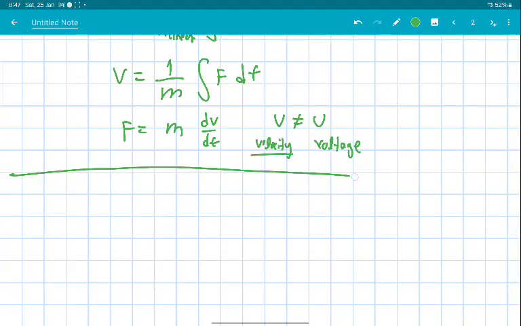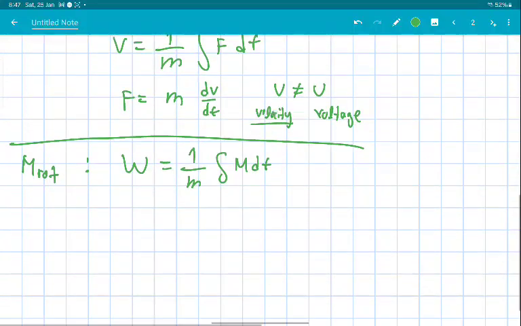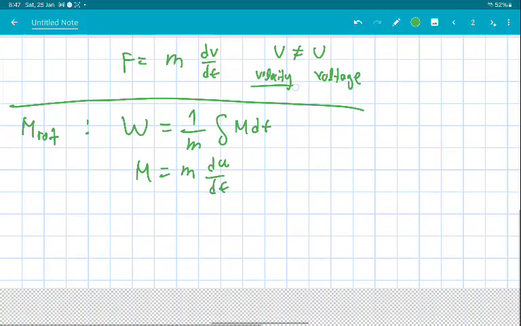And when we go to mechanical rotation, we say W, or the angular speed, omega, is equal to 1 over M integration of big M dt. So this is mass, and this is the moment. So when we rearrange this, we get moment is equal to M multiplied by dW over dt.